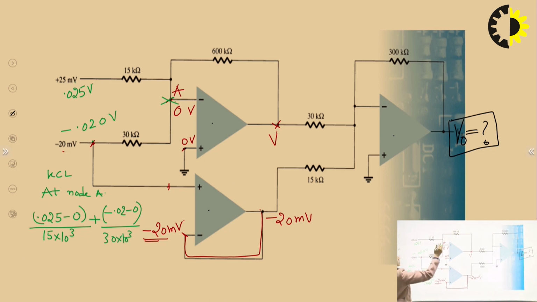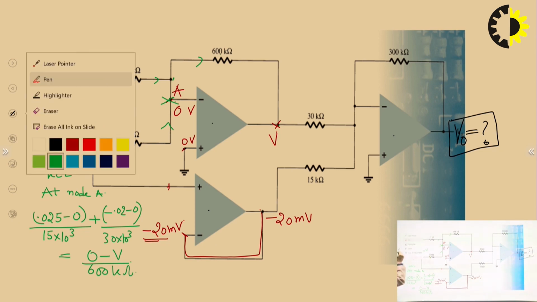These two currents are equal to this much current, from this point to the output node, 0 minus V upon 600 kilo ohms.